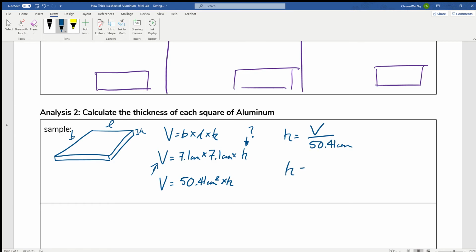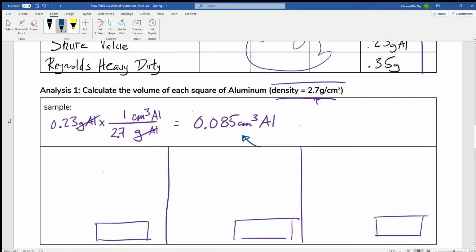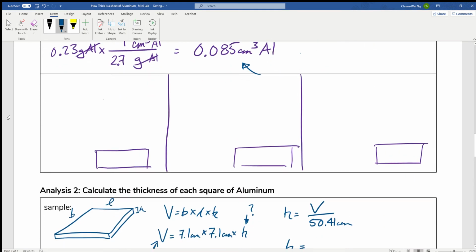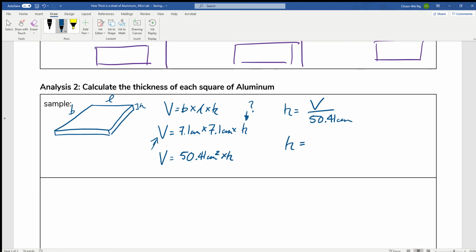So if I use the numbers from up top, 0.085 centimeters cubed divided by 50.41 centimeters squared.